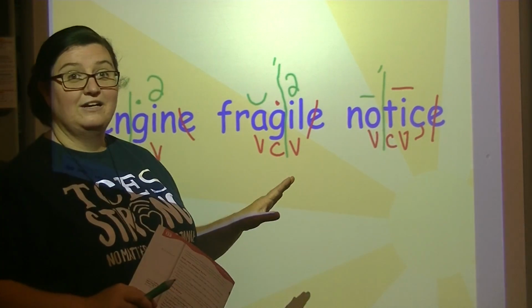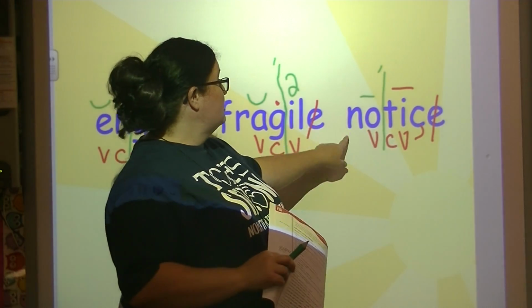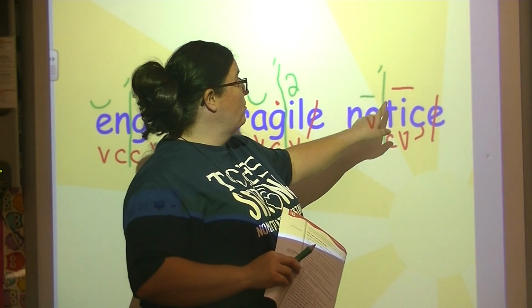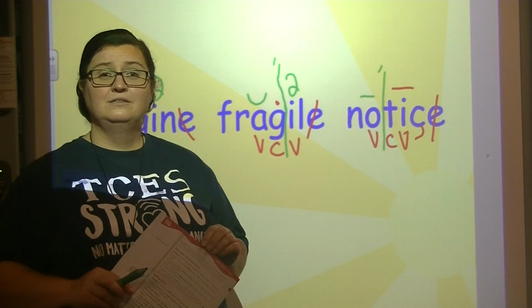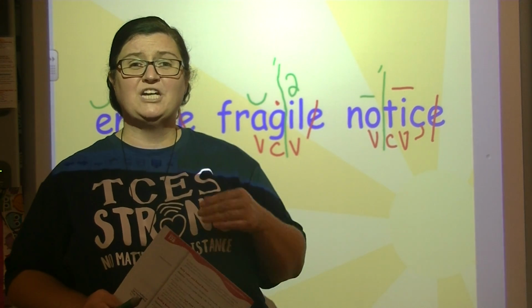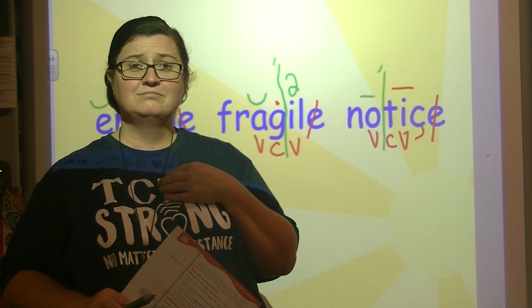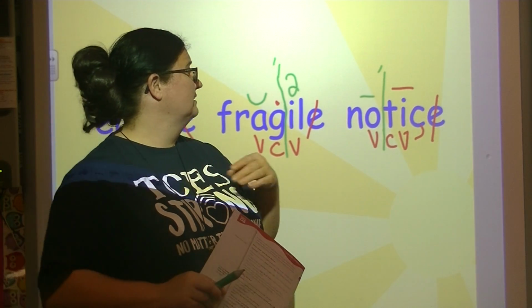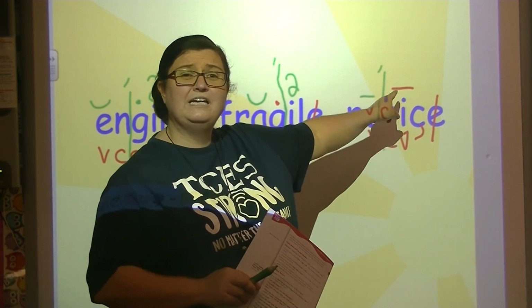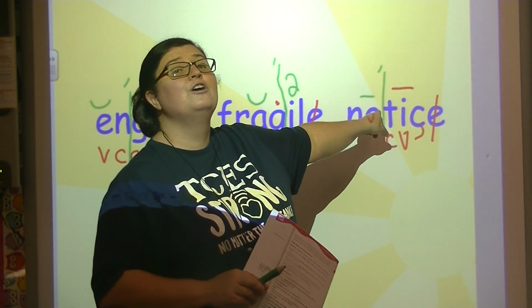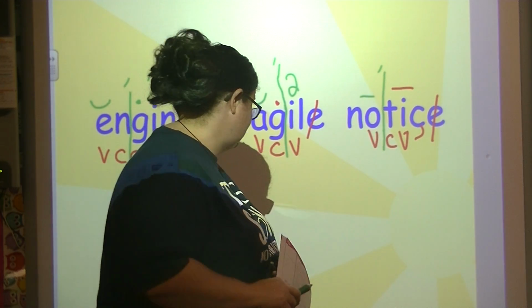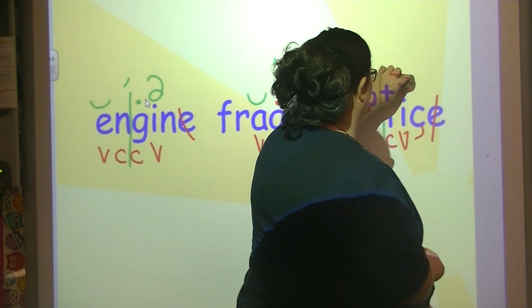All right, let's sound it out like this. Notice. Do I give you a notice? That vowel's wrong again. We need to give it a schwa sound, and let's see if it sounds right now.